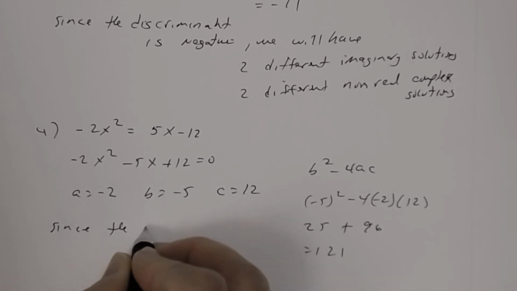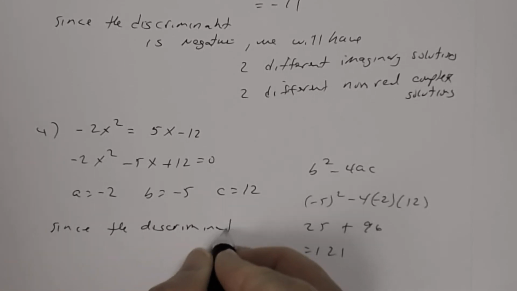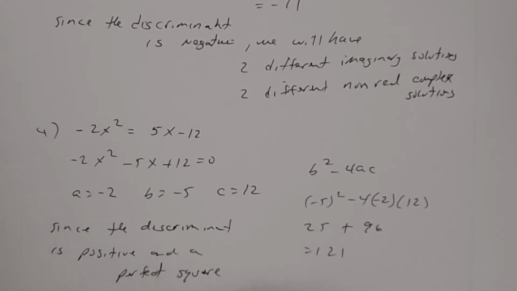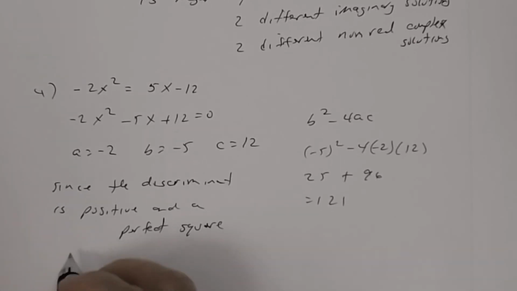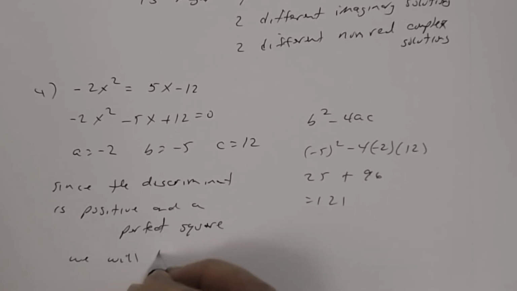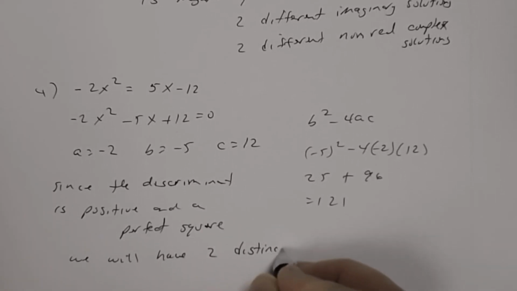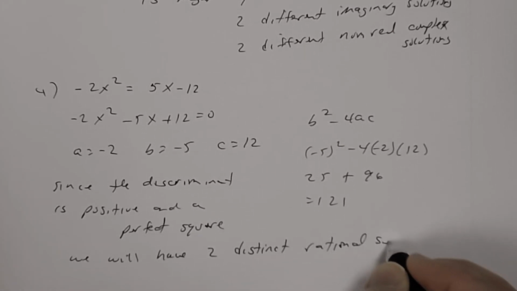So since the discriminant is positive and a perfect square, we will have two distinct rational solutions.